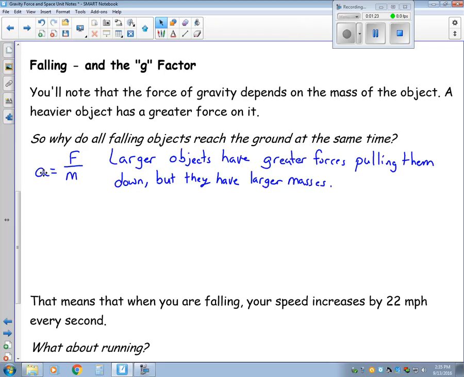So this works together then. Notice that if the force becomes larger and the mass becomes larger, well, the acceleration could potentially stay the same, and that's what happens. So every object will have the same acceleration as they fall.